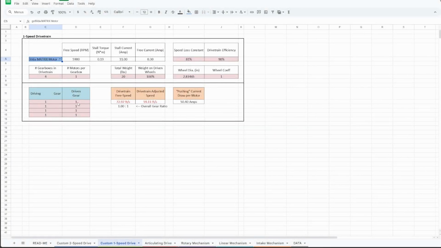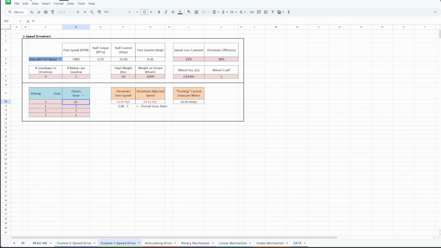So what I'd want to do here, using that bare metal goBILDA Matrix motor, is add that 19.2 to this section of the calculator, which is essentially determining the gear ratio and even the compound gear ratio of the gearbox that we're adding onto it. Our gearboxes are planetary, and there are some cases where we can configure our gearboxes with the case of like the VEX planetary motor system.